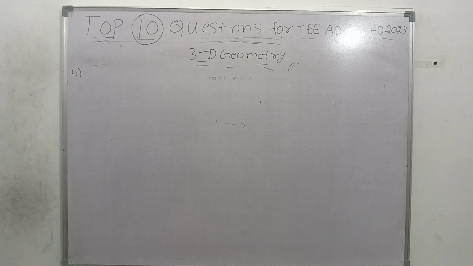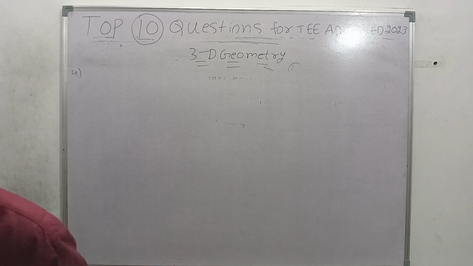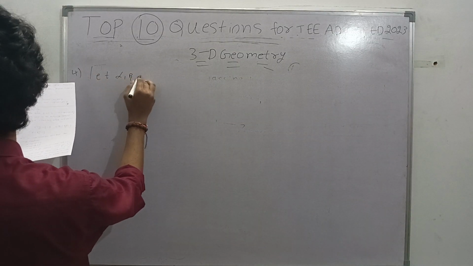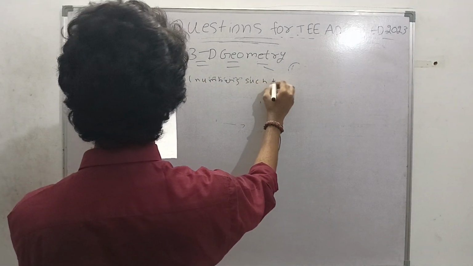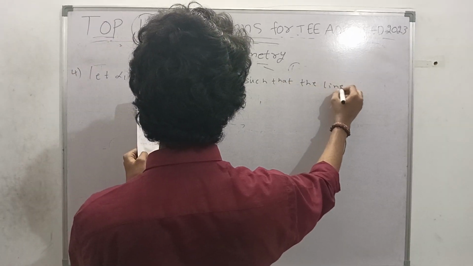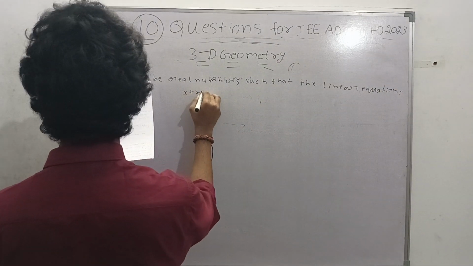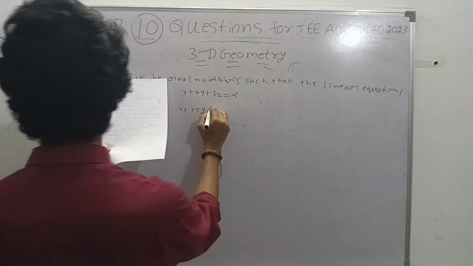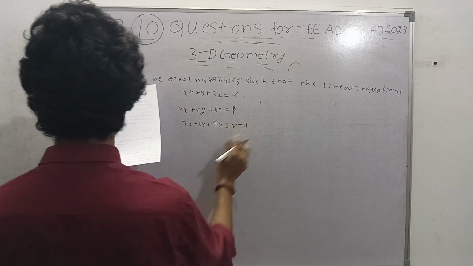Now fourth question. Let alpha, beta, gamma be real numbers such that the linear equations x plus 2y plus 3z equal to alpha, 4x plus 5y plus 6z equal to beta, 7x plus 8y plus 9z equal to gamma minus 1 is consistent.